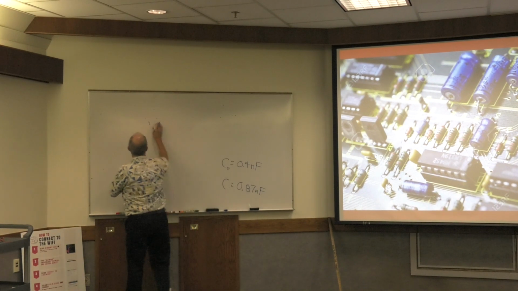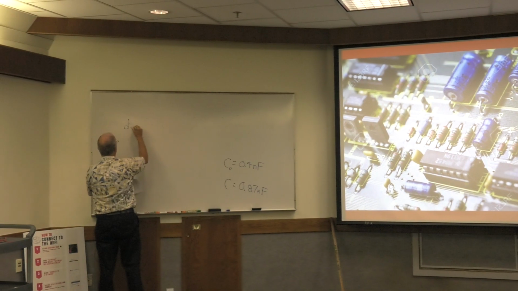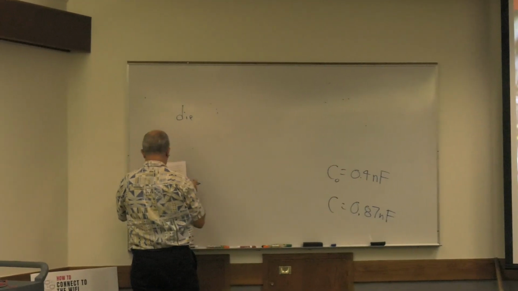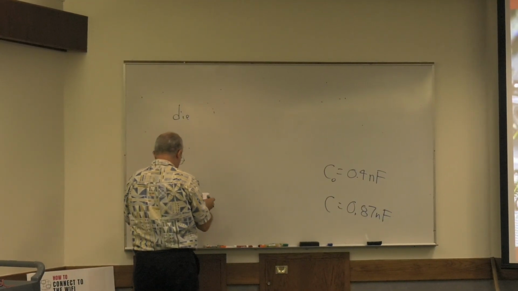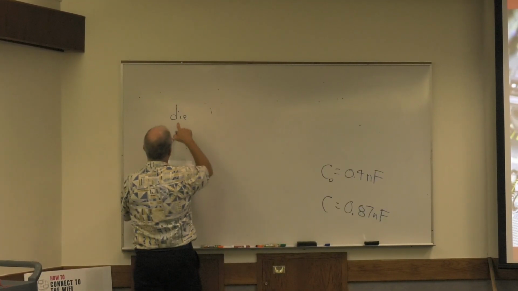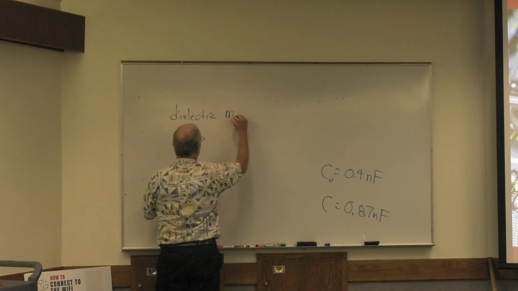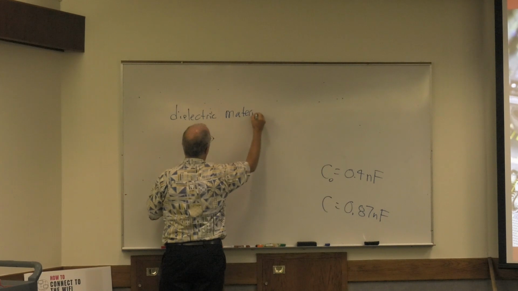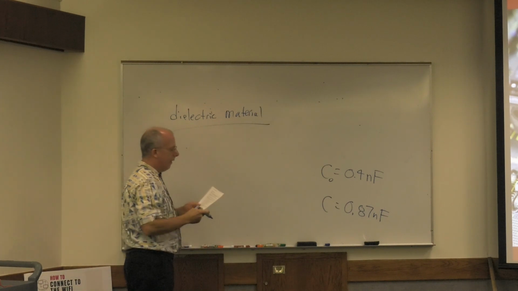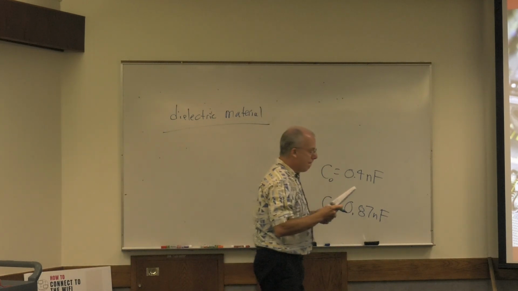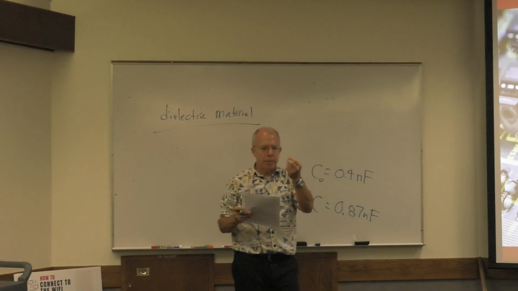So, just like it sounds, dielectric. Oh, wait a second, I gotta make sure I spell it right. Yeah, so dielectric. All right, dielectric material. Okay? All right, and by the way, that was a piece of plastic, right?